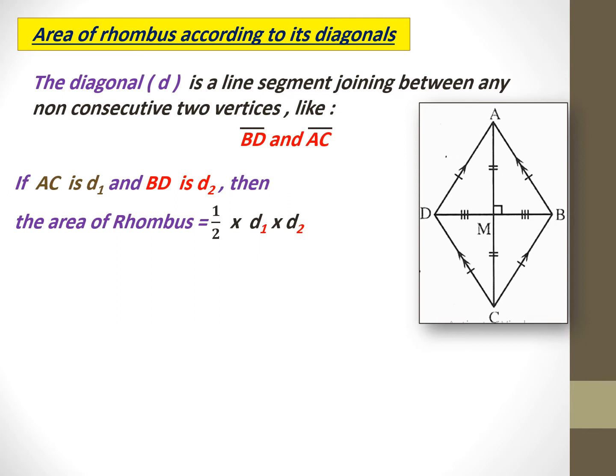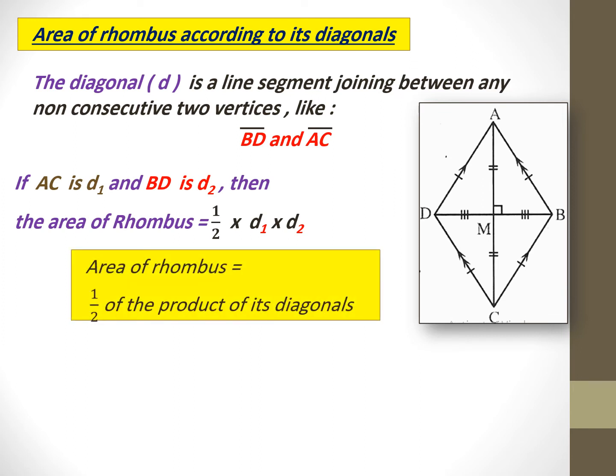Half times the length of the first diagonal times the length of the second diagonal. We can write it as: area of rhombus equals half of the product of its diagonals. Again, area of rhombus equals half of the product of its diagonals, equals half times d1 times d2.